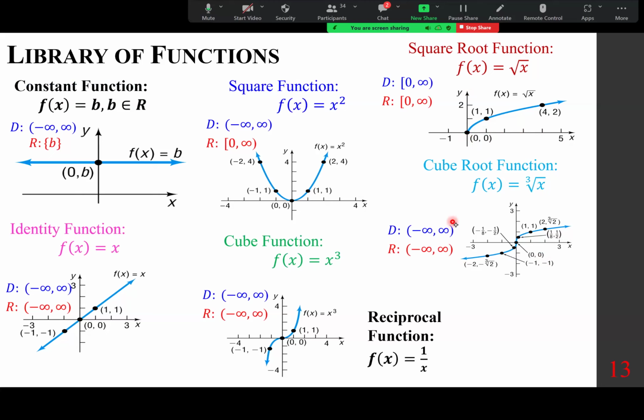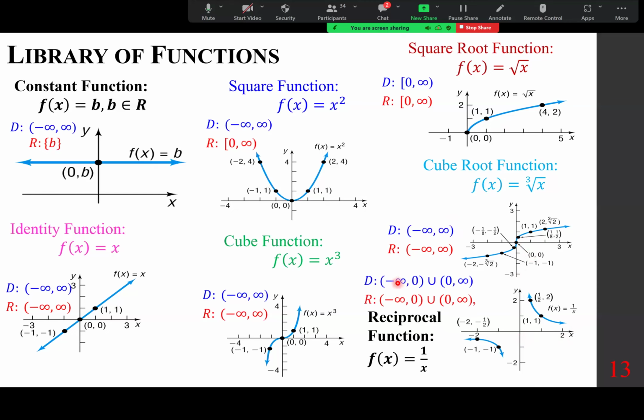We also have what's called the reciprocal function, f of x or y equals 1 over x. And if we were to graph it, it's a rational function that has a horizontal asymptote and a vertical asymptote. So the domain is all real numbers except 0, and the range also is all real numbers except 0. How do we show that?